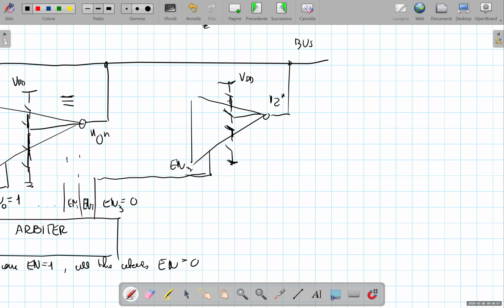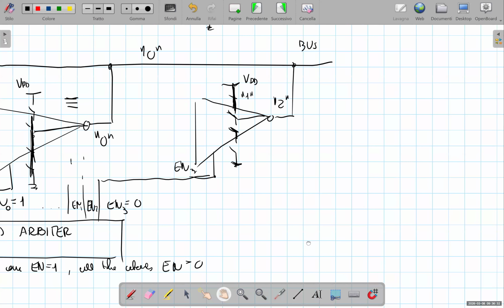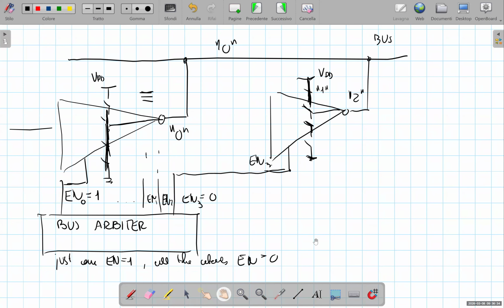So even if the pull-up network of this gate here is forcing a high logic level, since the gate is not enabled, the output of the gate remains in high impedance and it does not affect the bus. In this example, the logical level of the bus would correspond to the logical level of the gate which is active. So in this case, the low logic level.